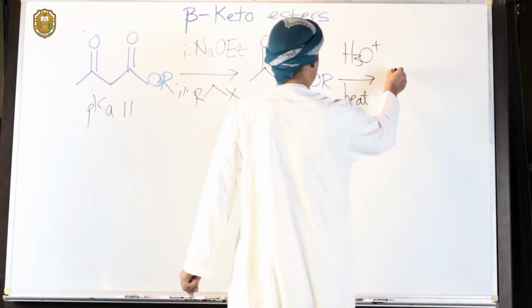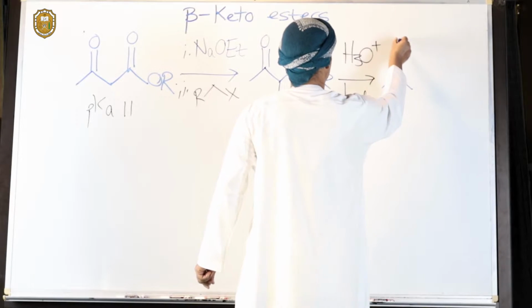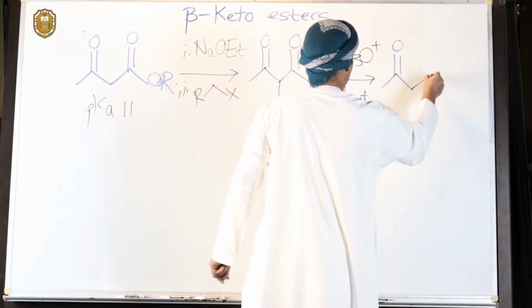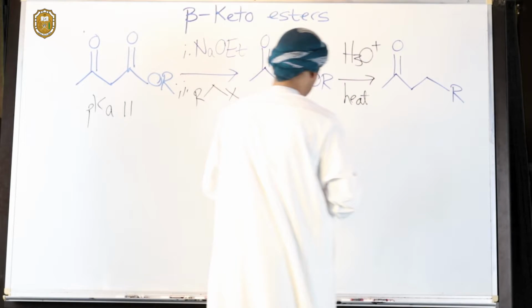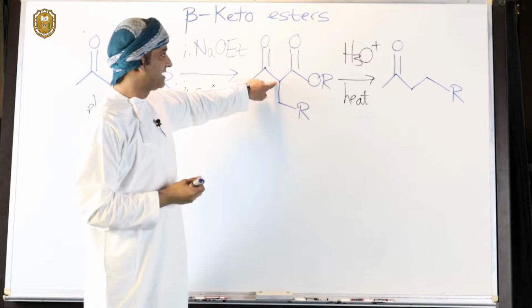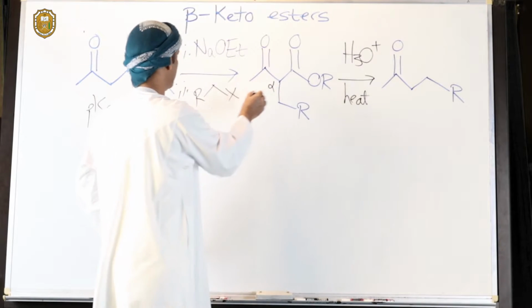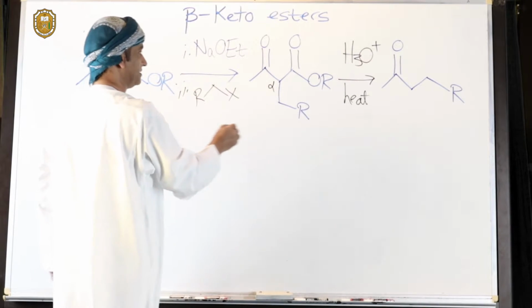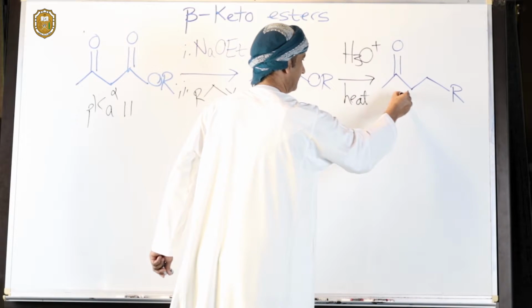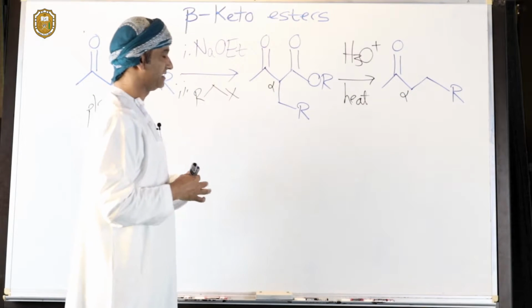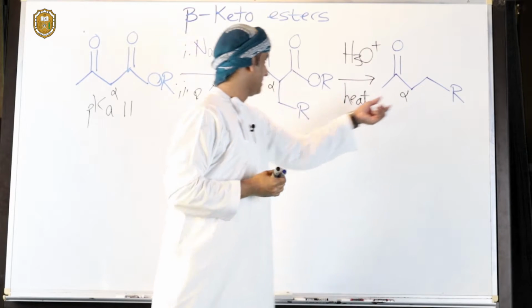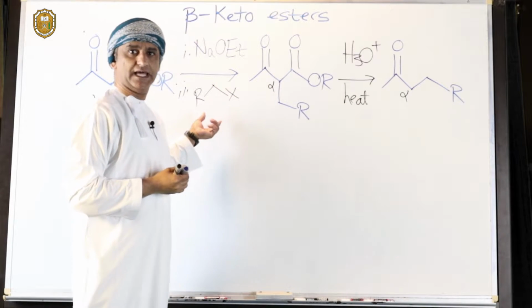So this is the product. Please note that this carbon is that carbon, so we can show this with alpha. This is the alpha position, the alpha carbon. Obviously, the CH2R comes from the alkyl halide.